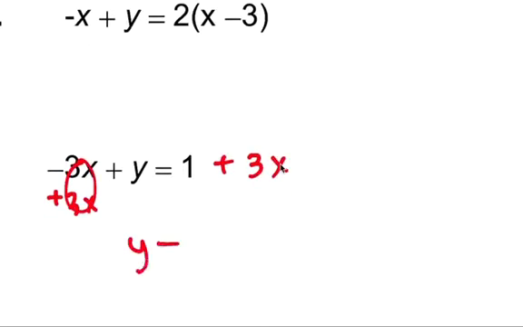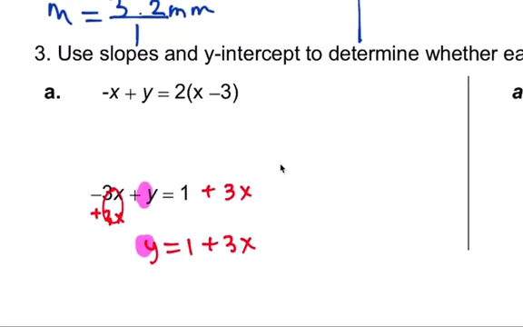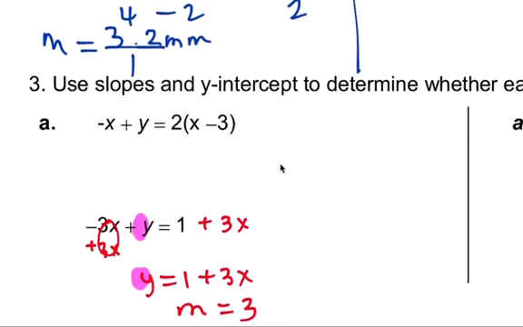Get y equals 1 plus 3x. There's no number to divide y by, so we leave it. Okay, like that. So the slope here is, I'll just use m instead of slope, m equals 3. Slope has to be the same and y-intercept different. So here, you distribute first.